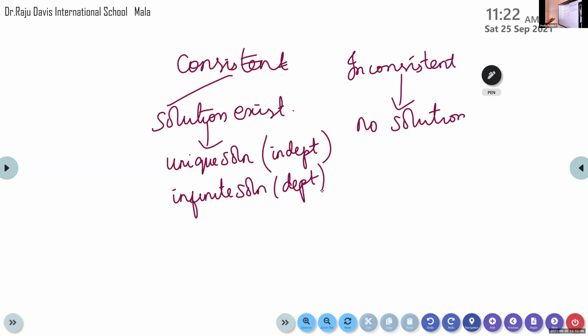It depends: from one equation itself, we will be able to write the other equation. And then we have learned these conditions. We have learned about the conditions.